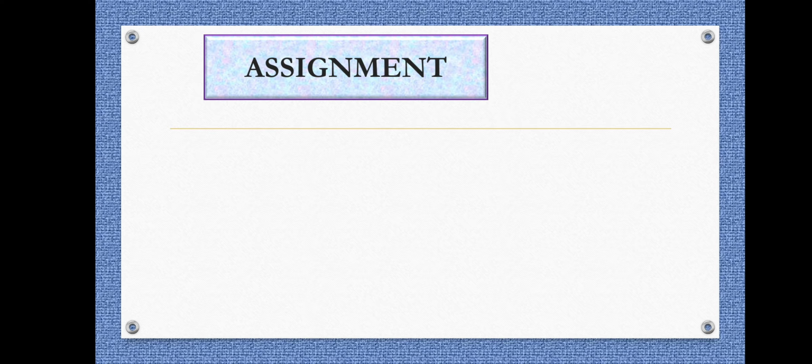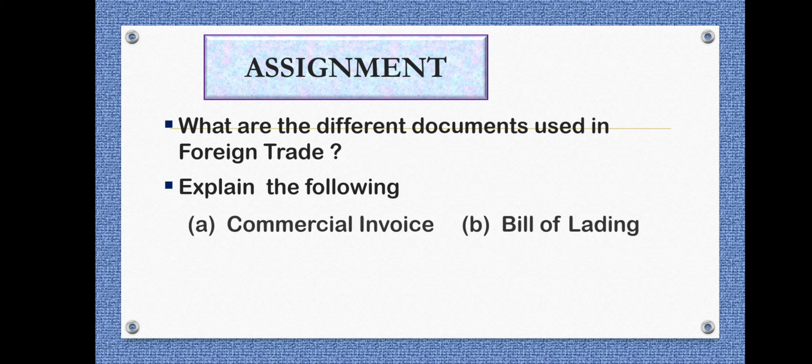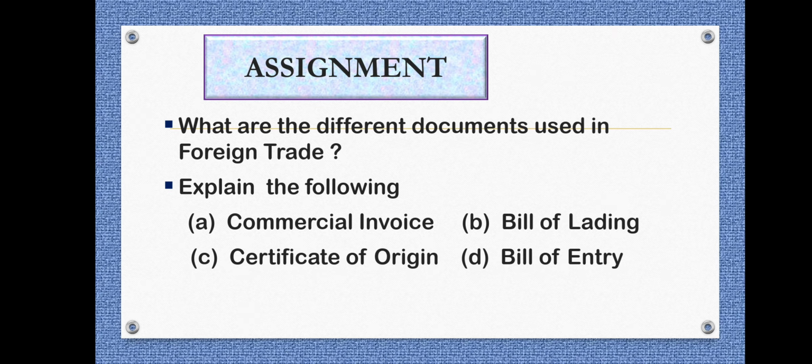I hope this session is understood by you. Now, assignment for you. What are the different documents used in foreign trade? Explain the following: commercial invoice, bill of lading, certificate of origin, bill of entry, shipping bill.